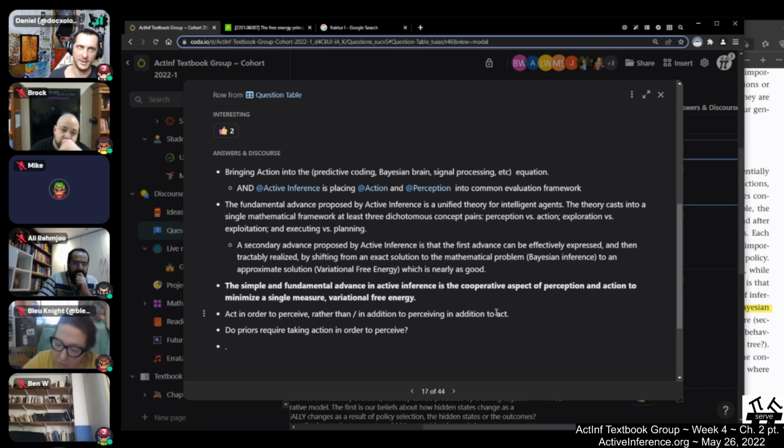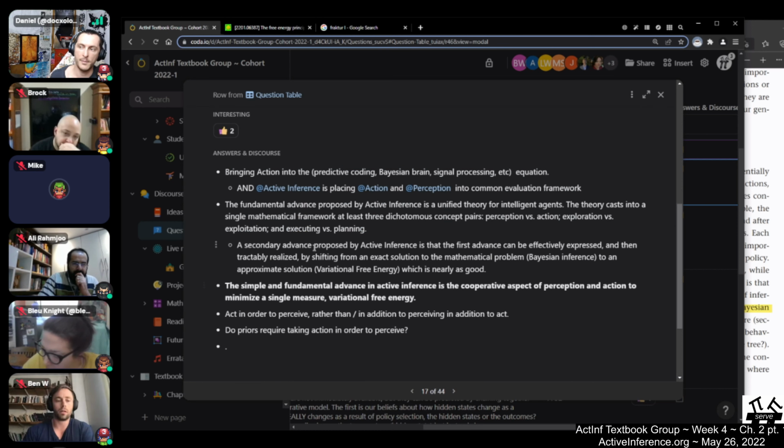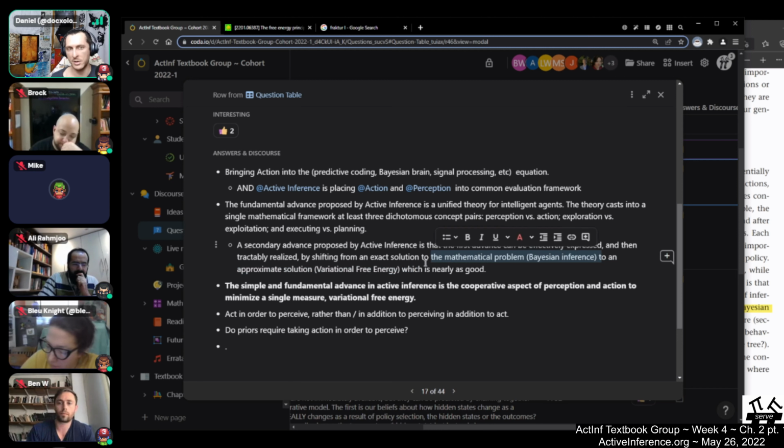So there's perceiving, and then if action is a variable, active inference is providing not just a unified framework, like a Bayesian graph framework, for some variables that are interpreted as perception and some variables that can be interpreted as action selection or policy planning, but there's a tractable approximation by shifting from an exact solution to the mathematical problem, Bayesian inference, to an approximate solution, variational free energy, which is going to provide a bound on some quantity that might be intractable to compute.